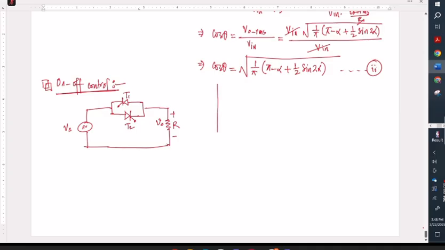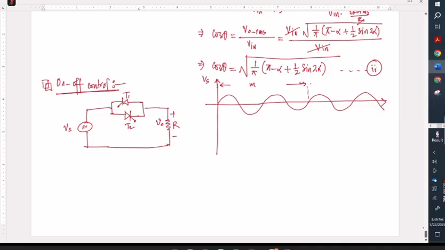Now your input signal here, Vs, it has a sine wave. So now we are dividing this sine wave into two halves. Suppose this is your M cycle for which your thyristor T1 and T2 will be turned on.